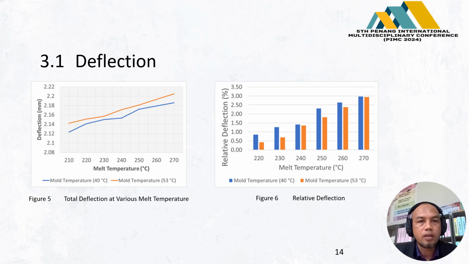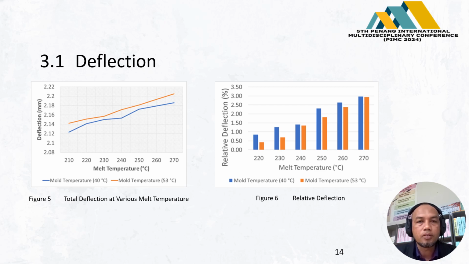The red bars represent a mold temperature of 53 degrees Celsius, while the blue bars represent 40 degrees Celsius. The figure shows that as melt temperature increases, relative amplification also rises for both mold temperature settings.